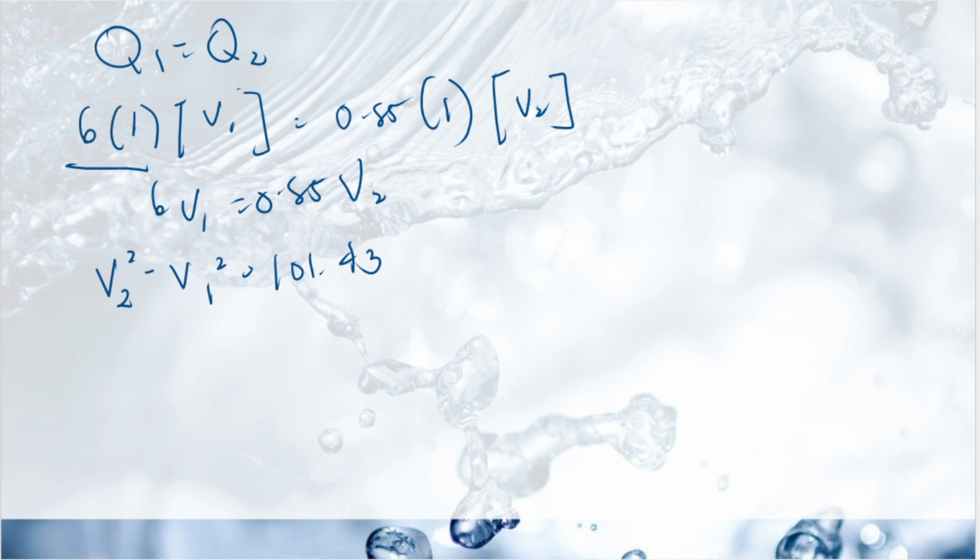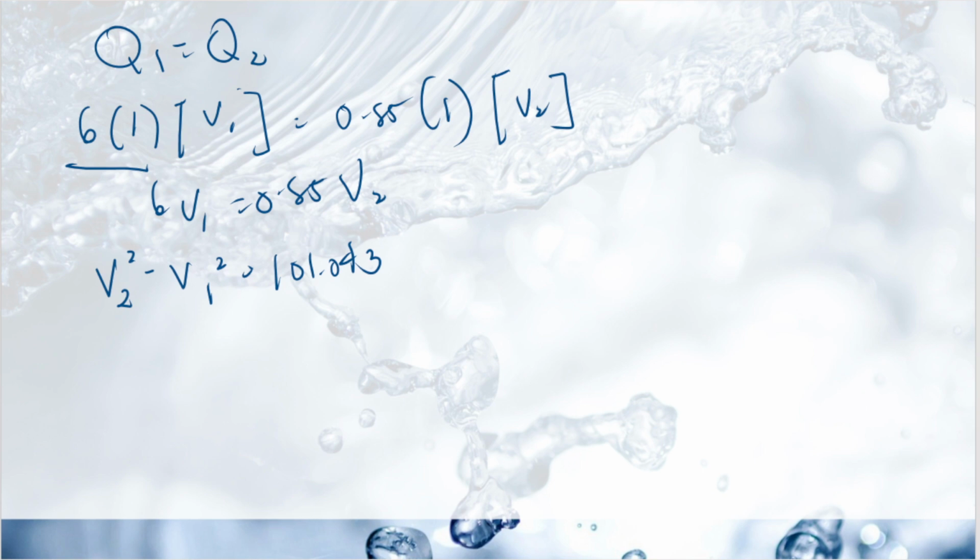So using those two, equating these two, we could actually have the values of V sub 1 and V sub 2. Actually, what we need is V sub 2.